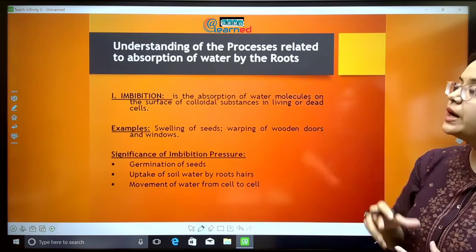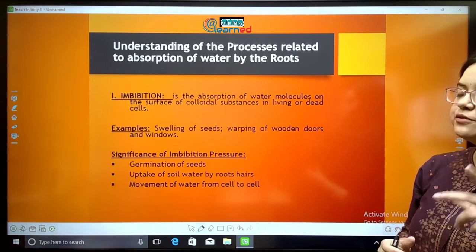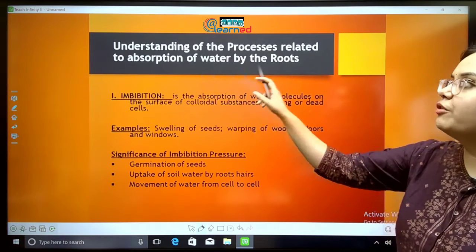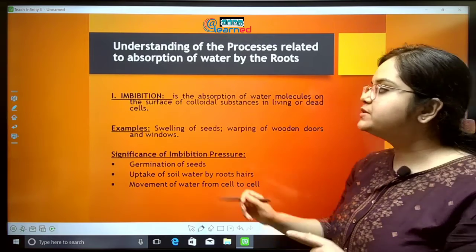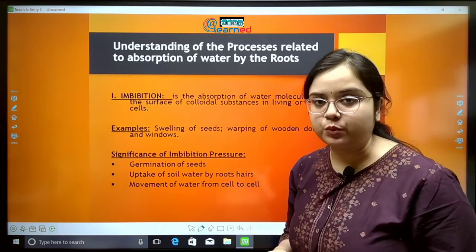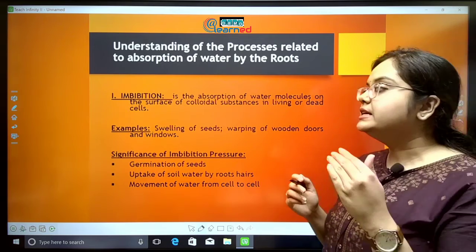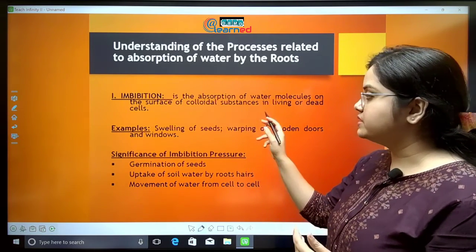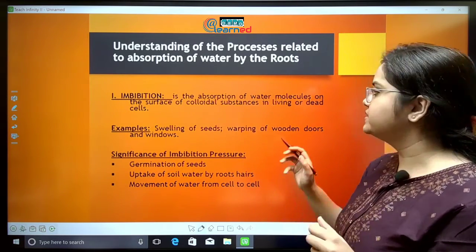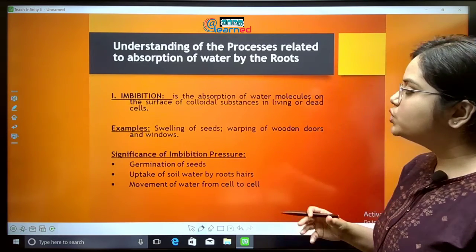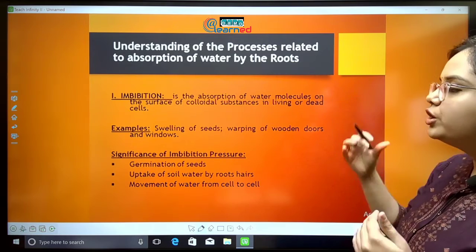Now this is one topic that is given in your syllabus. If you note, the understanding of the processes related to absorption of water by the roots, and the first process in it is imbibition. What is imbibition? It is the absorption of water molecules on the surface of colloidal or solid substances in living or dead cells. Right. So, what do you understand by that?